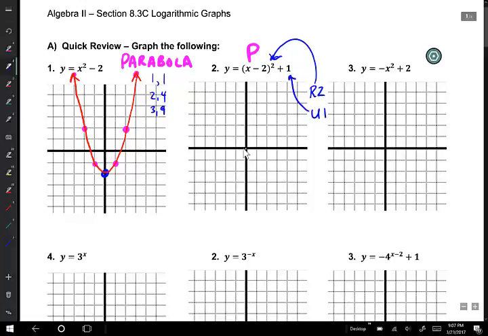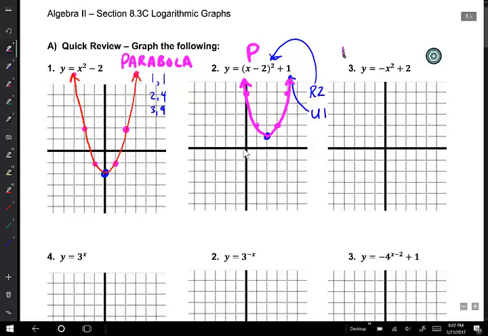So we take our normal parabola, which starts at 0, 0. We go to the right 2 and up 1. And from there, we plot our normal 1, 1, 2, 4, 3, 9. So 1, 1 on either side, 2, 4, and that takes us off the graph. And so that is the graph of our parabola, shifted over 2 to the right and up 1.